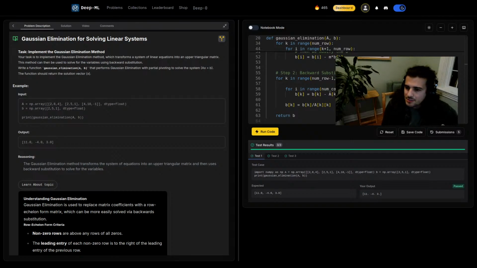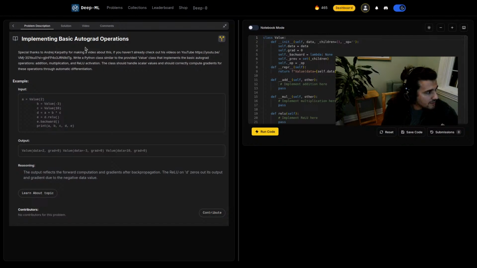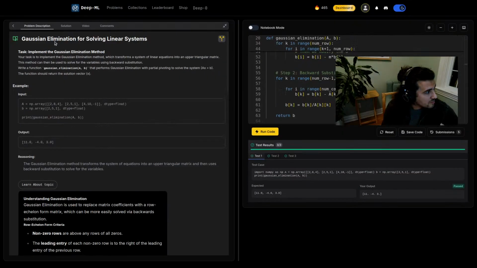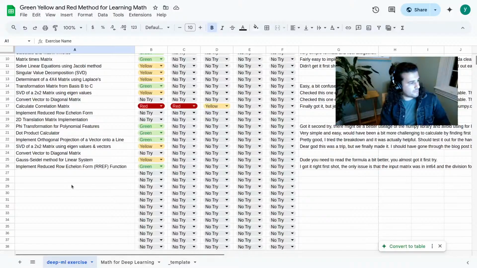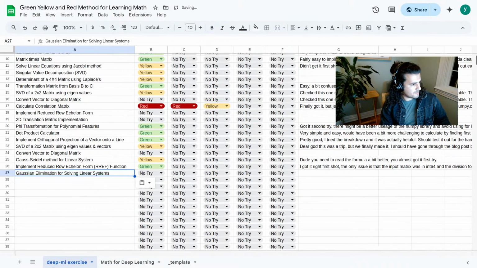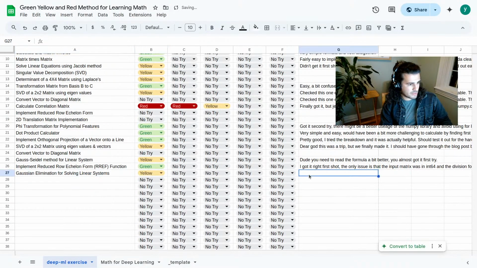And I think that's it for today. Honestly, I was planning to do the other one, the AutoGrad run, but it took me 2 hours and 30 minutes to be done with just this first one. So which one is it? Gaussian Elimination. I'm gonna take that and put it in here and say it's a yellow.